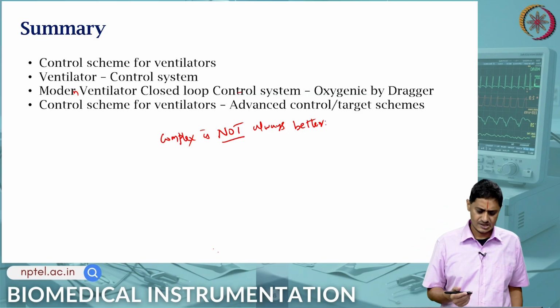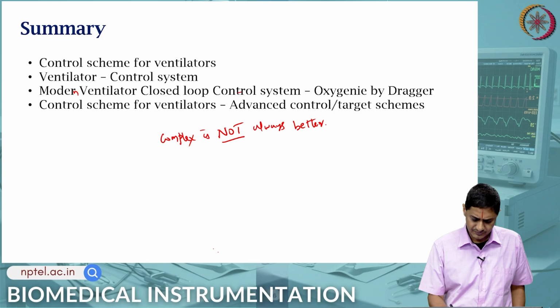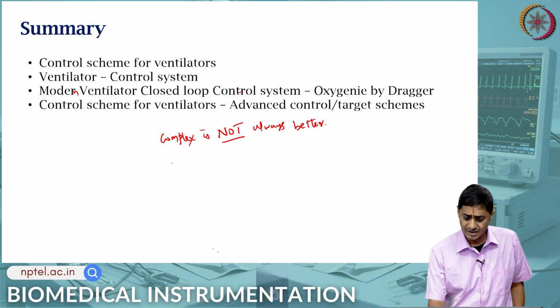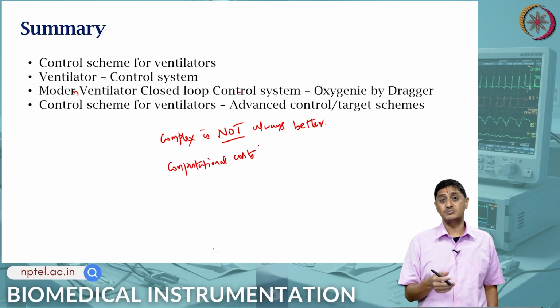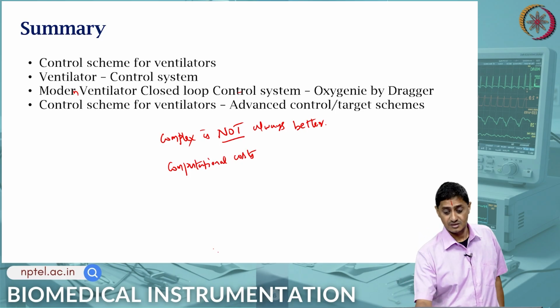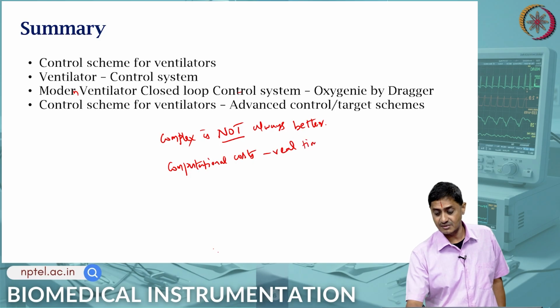That is one. Two is there are computational costs involved. For example, in estimation algorithms, there is a stringent requirement for real-time input. If you have to estimate some parameters, then a real-time requirement is there.